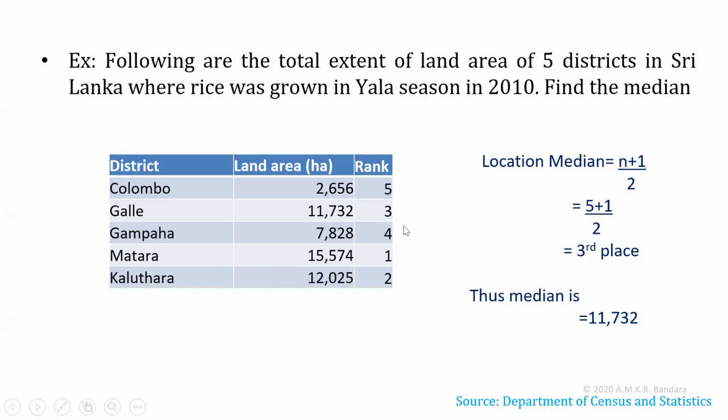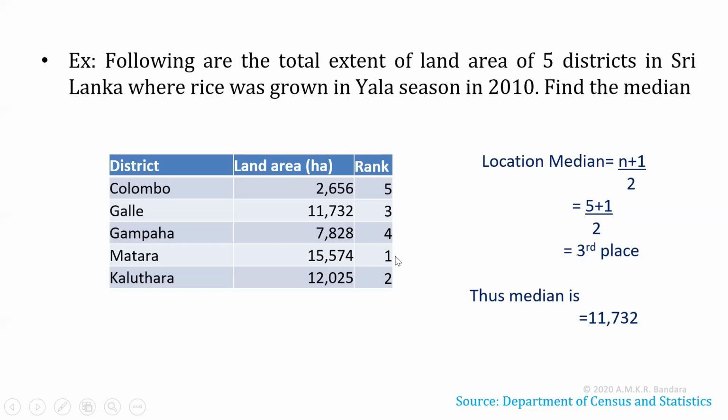Since we have 5 observations, n is 5, so the location of the median is 5 plus 1 divided by 2, that is, the third place of the ordered data set.